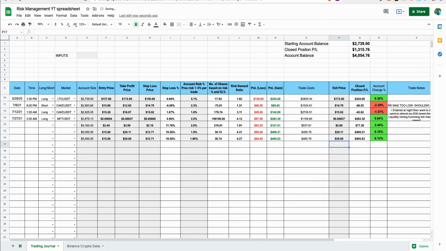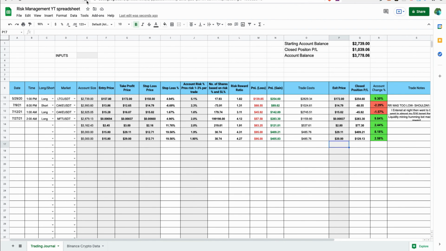Let's say I exit the market at $20. Okay, I just took my money at $20 and the price reversed at $20, right? So it will tell you my closed position was a lot less, with a 4.27 risk reward ratio, but nonetheless, it's 2.58% higher than where I was before. And it shows here in my account balance.